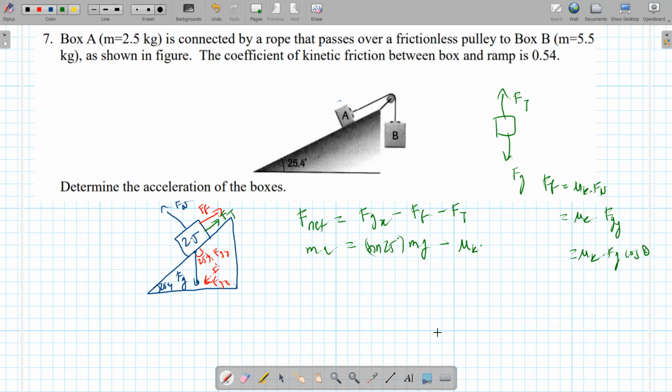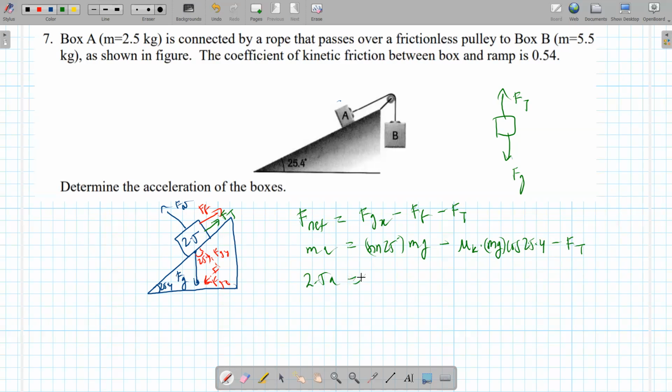The frictional force is mu K times FG, which is mg, times cosine of the angle, 25.4. And then finally, FT, we don't know what that is. It's going to stay as FT, minus FT. Now I'm just going to plug in all the values. M is 2.5.